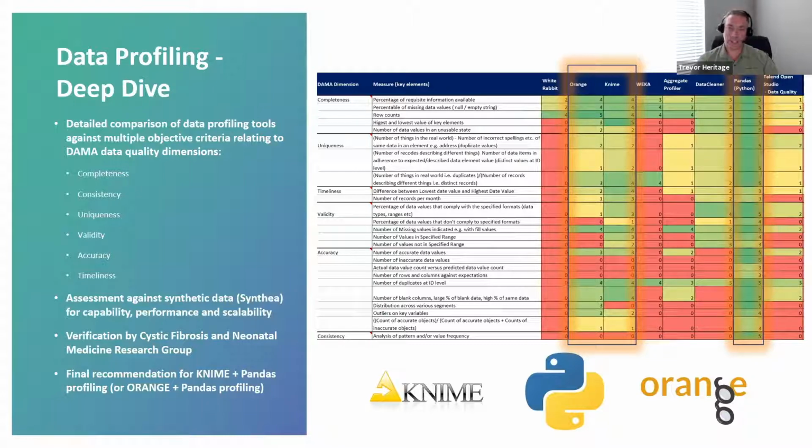And then we assessed each of those tools in detail relative to the DAMA quality dimensions, and in fact created a set of measures for each dimension against which we assess those tools.